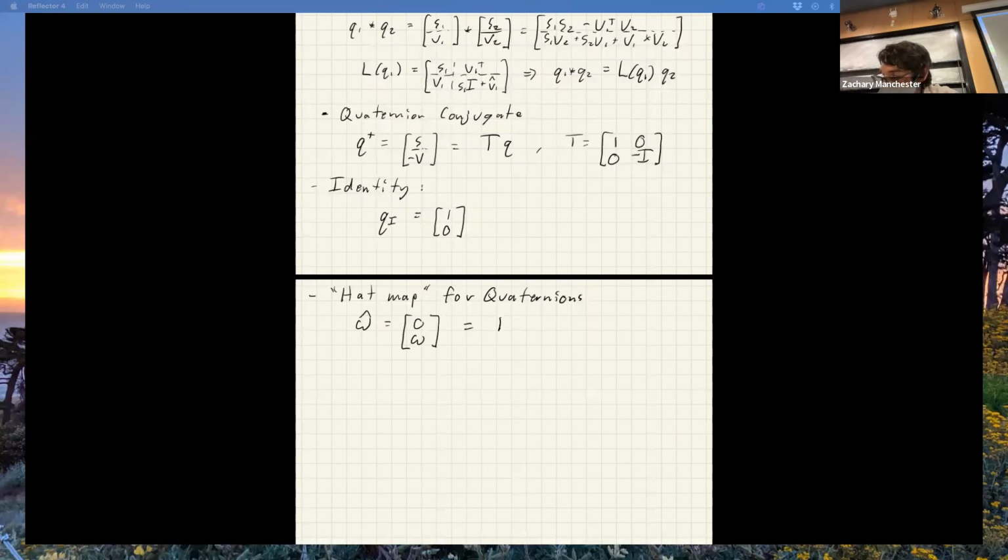We're going to use this H matrix to represent that, where H is a 0 row and then an identity block. So it promotes the 3D vector into a 4D quaternion vector with 0 scalar part.